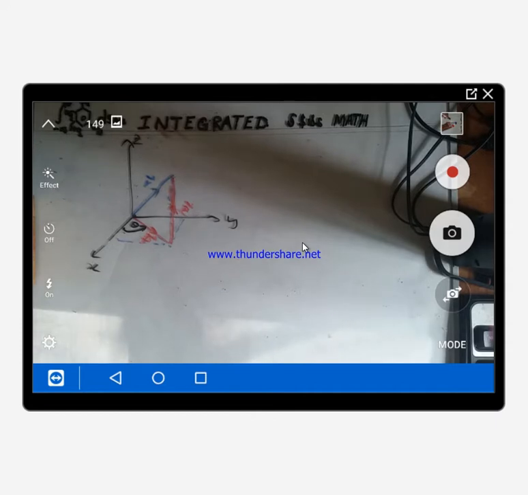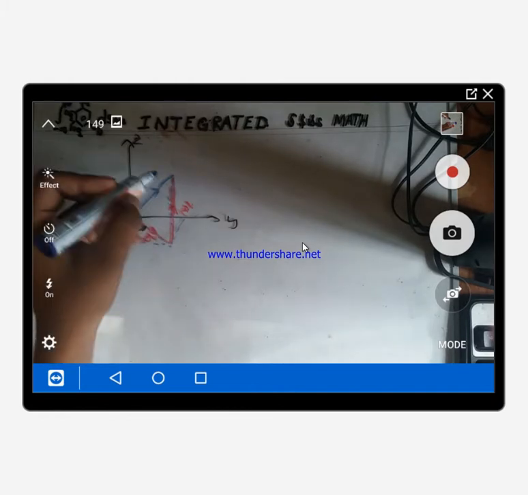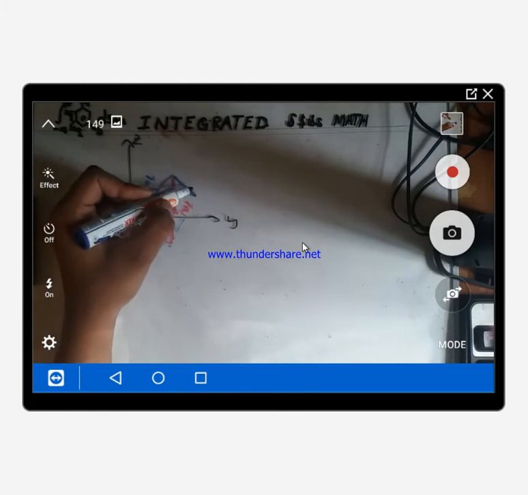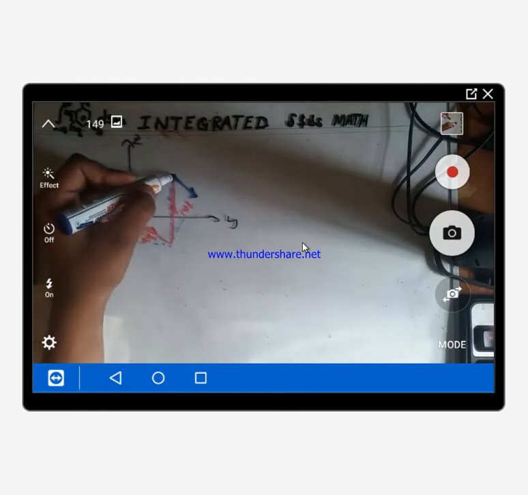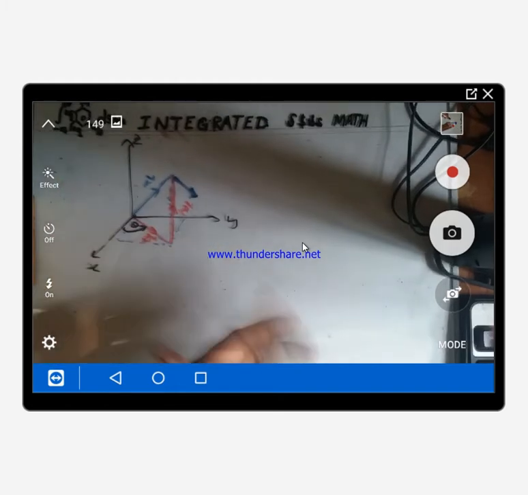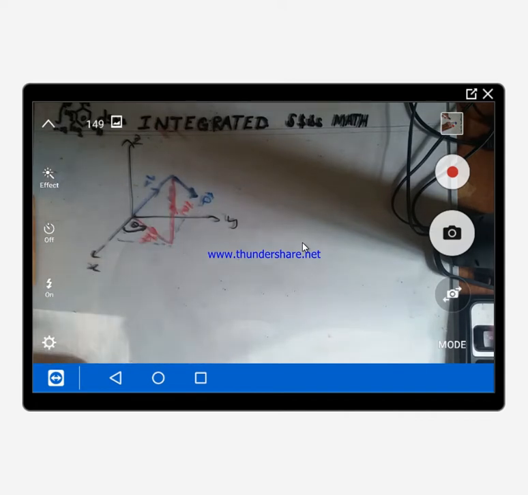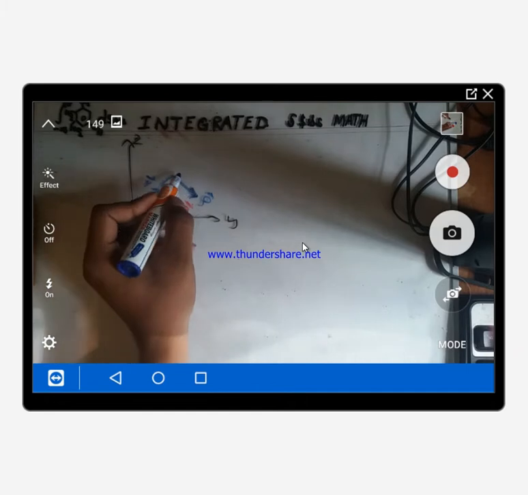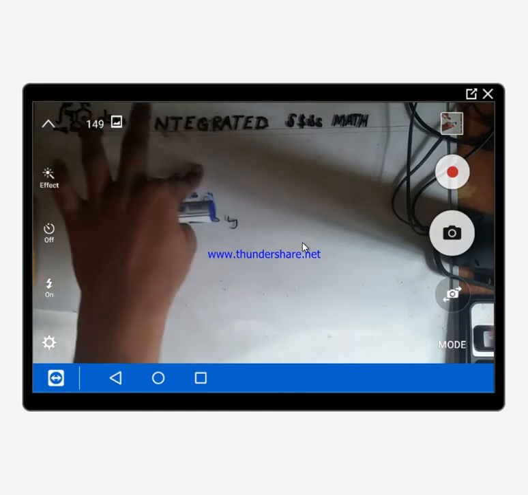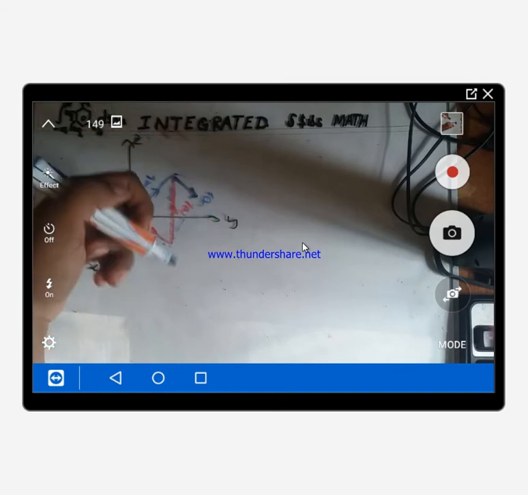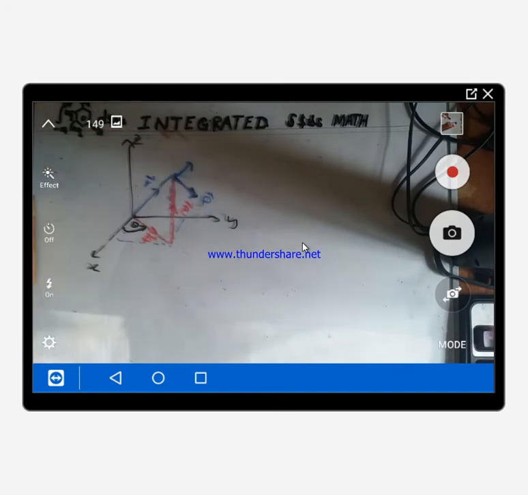Next, this is the unit vector along the rho vector. It is called rho hat. This one is perpendicular to this plane, because it is measured in the direction of increasing theta, increasing this angle.